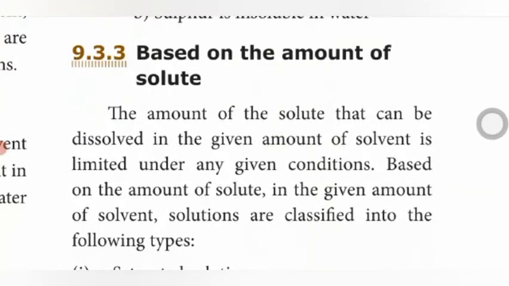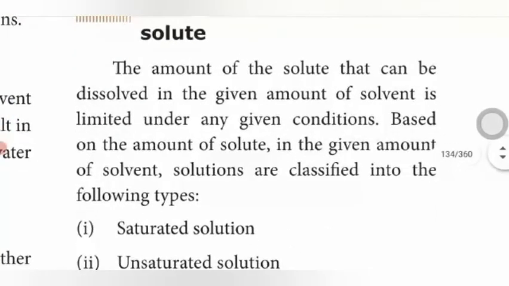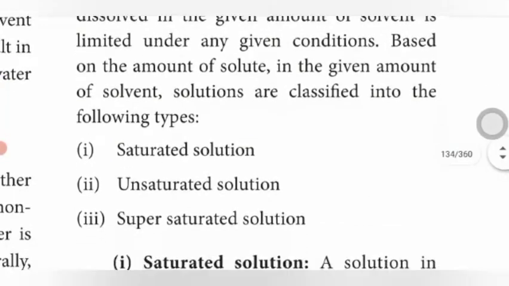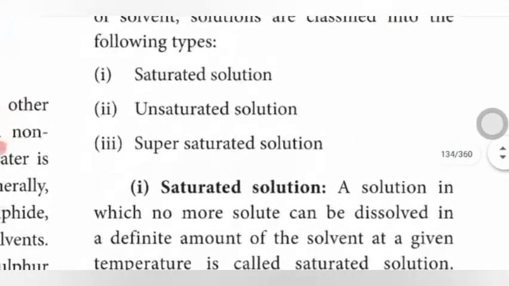Next, learn about another classification based on amount of solid. The amount of solid that can be dissolved in a given amount of solvent is limited under any given condition. Based on the given amount of solid and given amount of solvent, the solutions are classified into three types. What are the three types?